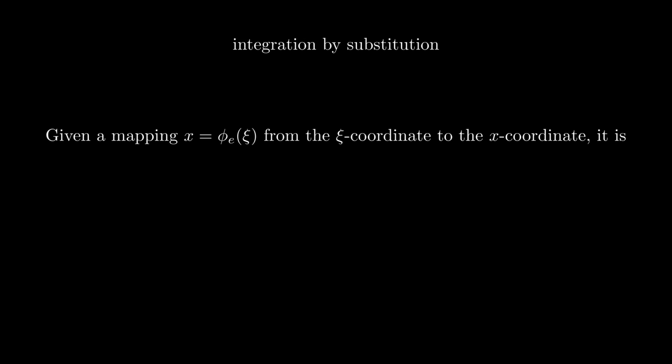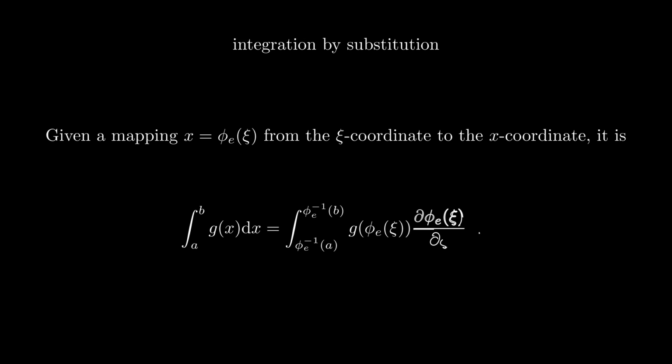Integration by substitution states that, given a mapping x equals phi e of xi from the xi coordinate to the x coordinate, the integral from a to b of a function g of x is equal to the integral from inverse phi e of a to inverse phi e of b of the function g evaluated at phi e of xi times the derivative of phi e of xi with respect to xi.